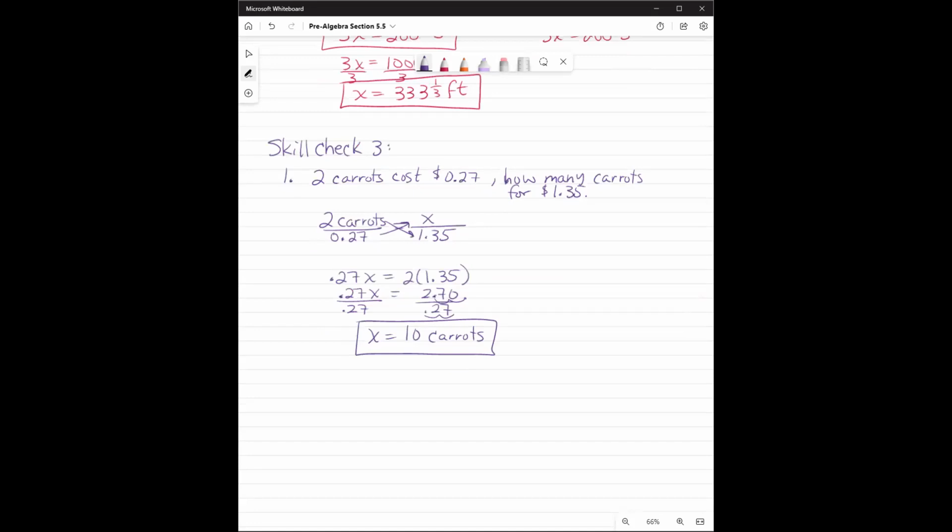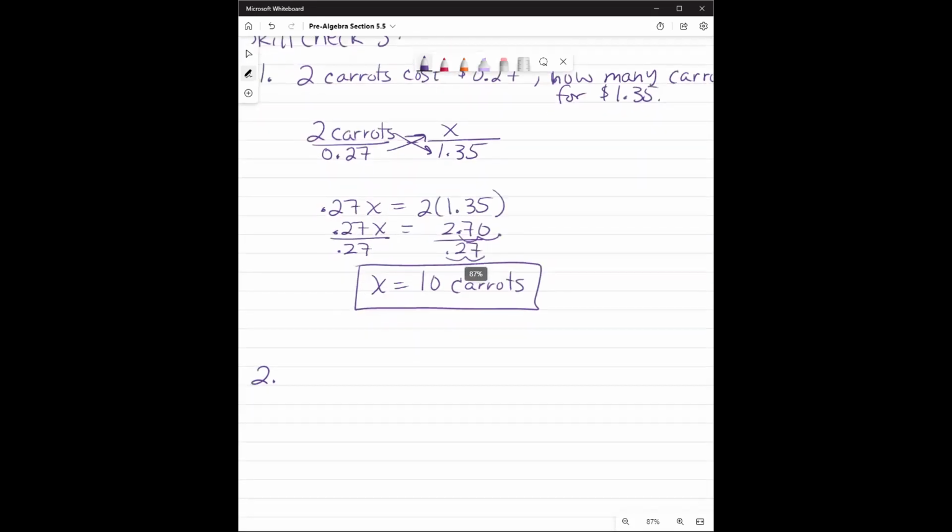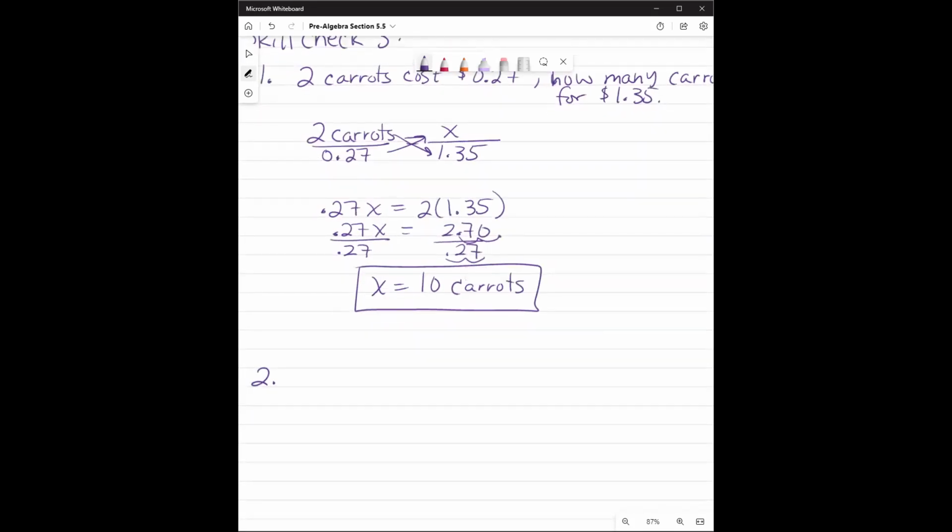The second one, oh boy, I love when they do these. By love, I mean I don't. And I know it drives you crazy. Okay, if 7 of 15 coins are dimes, then 14 of how many coins will be dimes?